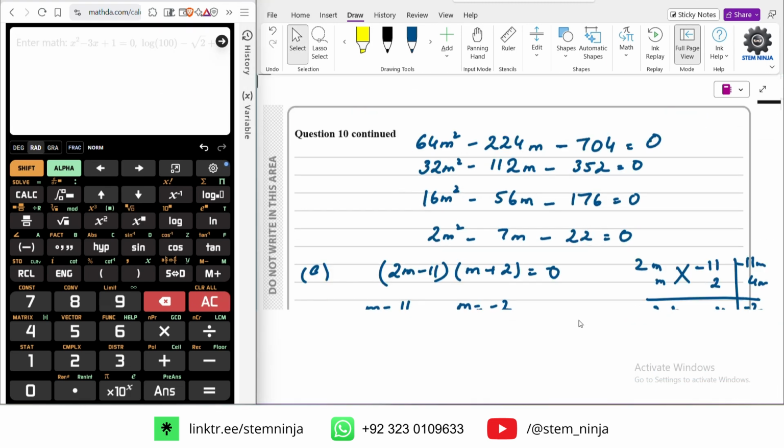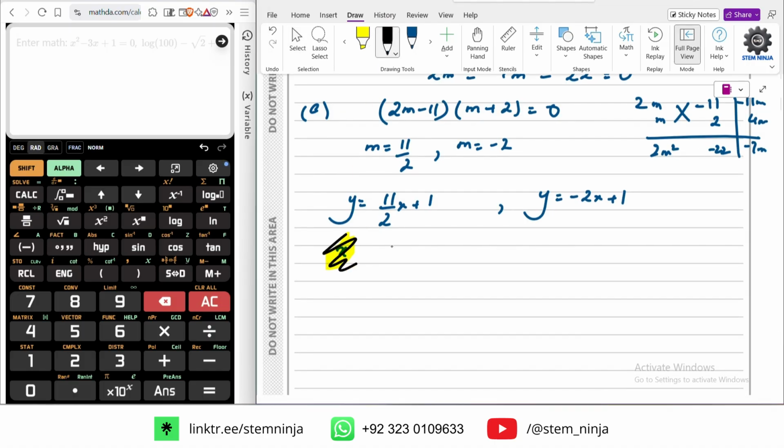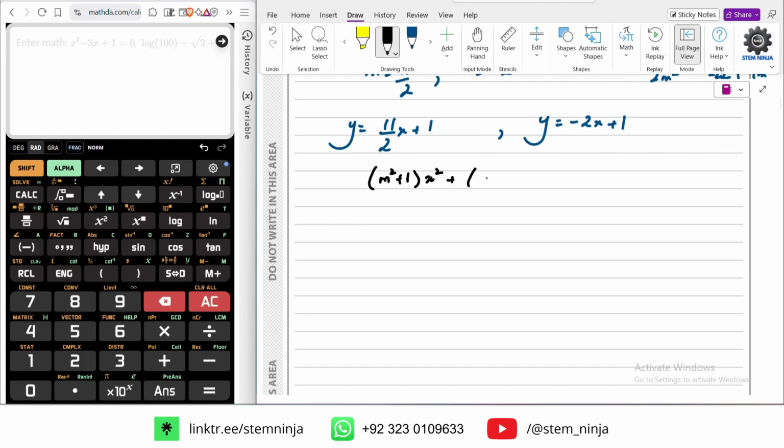Okay, so let's copy this over here. You have m squared plus 1 x squared, and then plus 4 minus 28m x plus 180 equal to 0. This saves us a lot of trouble.